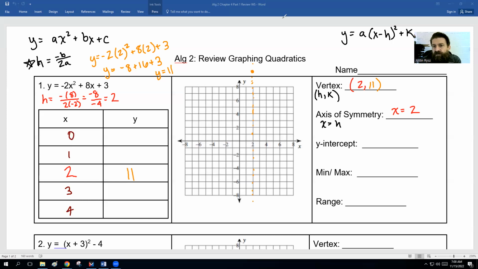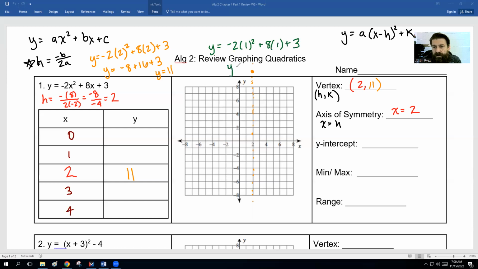So to find out the other points here, we're going to plug these numbers in, and we can plug in 1 or 3 into the equation, and we'll figure out another set of points. I'm going to plug in 1 because that's an easier number in my opinion. So what's negative 2 times 1 squared plus 8 times 1 plus 3.